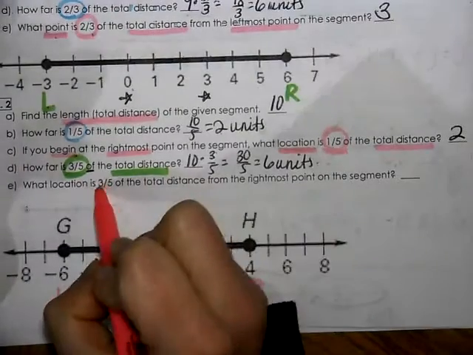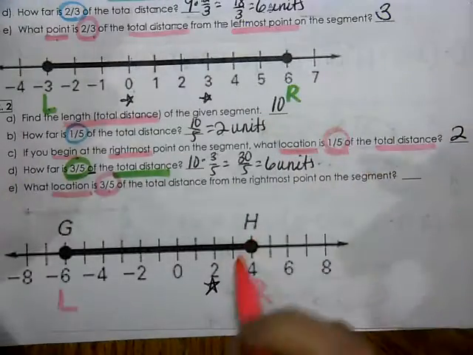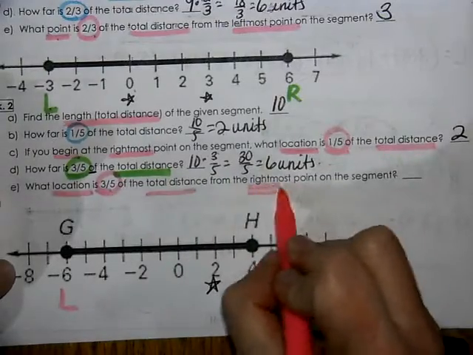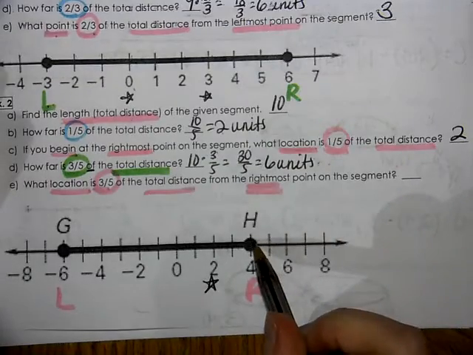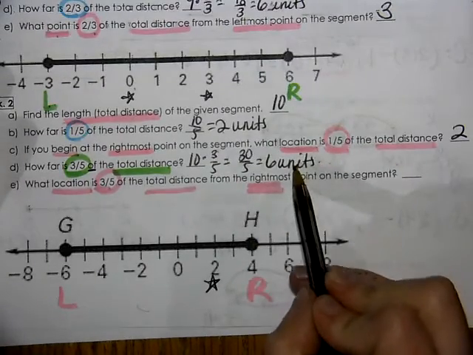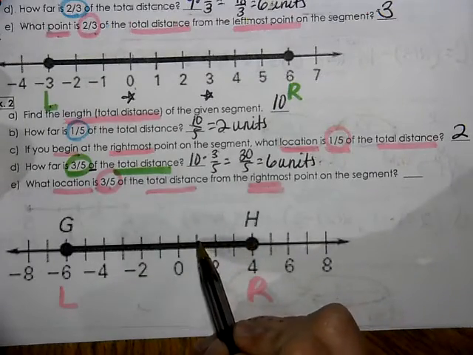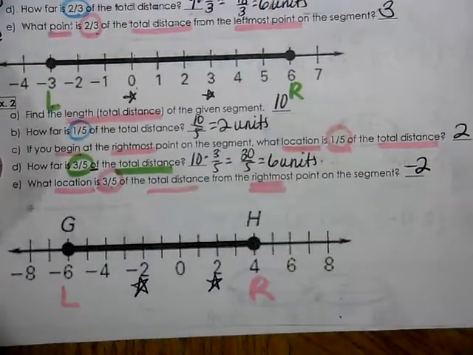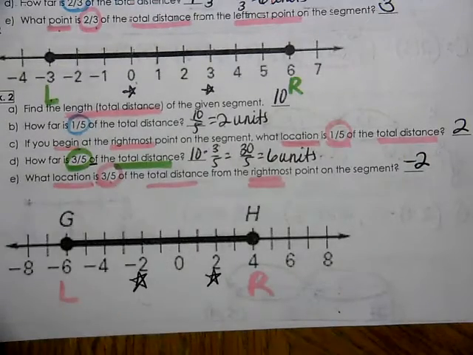Now what they're asking is what location, which remember location and point all mean the same thing, is 3/5 of the total distance from the rightmost point on our segment? So we're once again starting at our rightmost point, and we're going to travel 3/5 of the total distance, which is 6 units. So I'm going to travel 1, 2, 3, 4, 5, 6, and I land at -2, and that is my location. That is 3/5 of the total distance starting at the rightmost point.